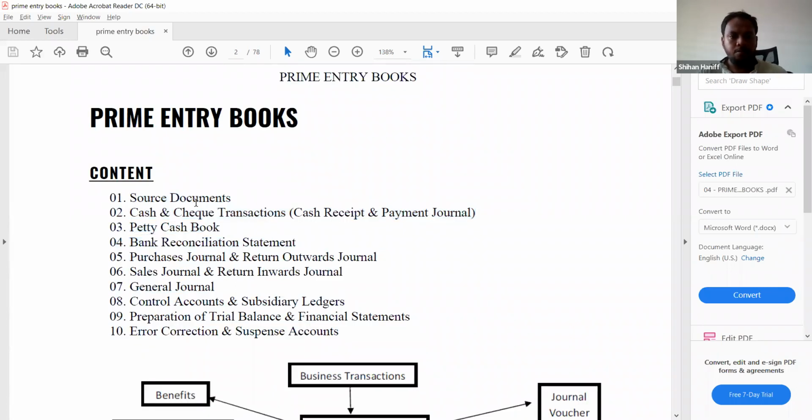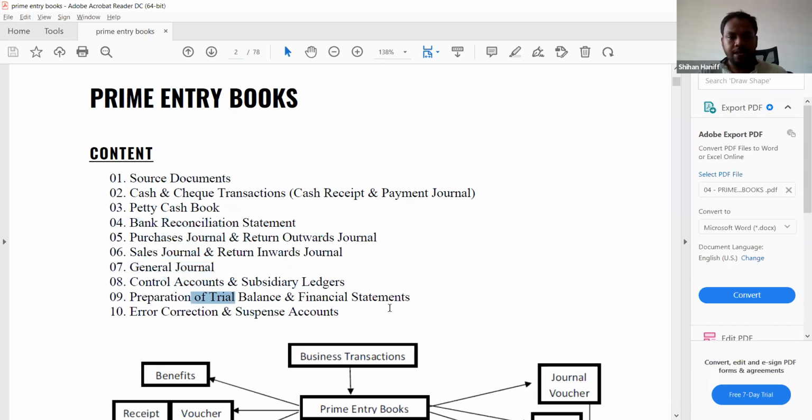Source documents. We did the cash receipt and payment journals, bank reconciliation, return inward, outward, sales, purchases, general journal, control account, subsidiary ledgers, trial balance, financial statements. Also, I did error correction. This is overall because in the final exam paper, they don't give a particular subtopic. You will get a complete question that includes part of accounting equation, a part of bank reconciliation, a part of error correction. So that is why you need to have an overall picture first.